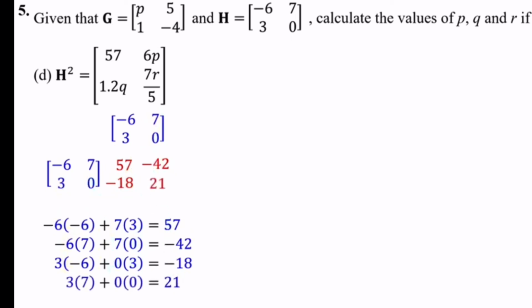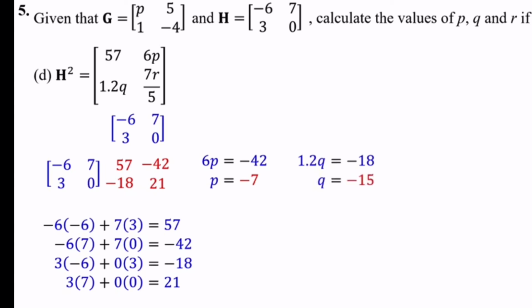So finally, we will equate to the answer given. 6p equal to negative 42. So hence the p is negative 7. And then we will solve 1.2q is equal to negative 18. So the q will be negative 18 over 1.2.